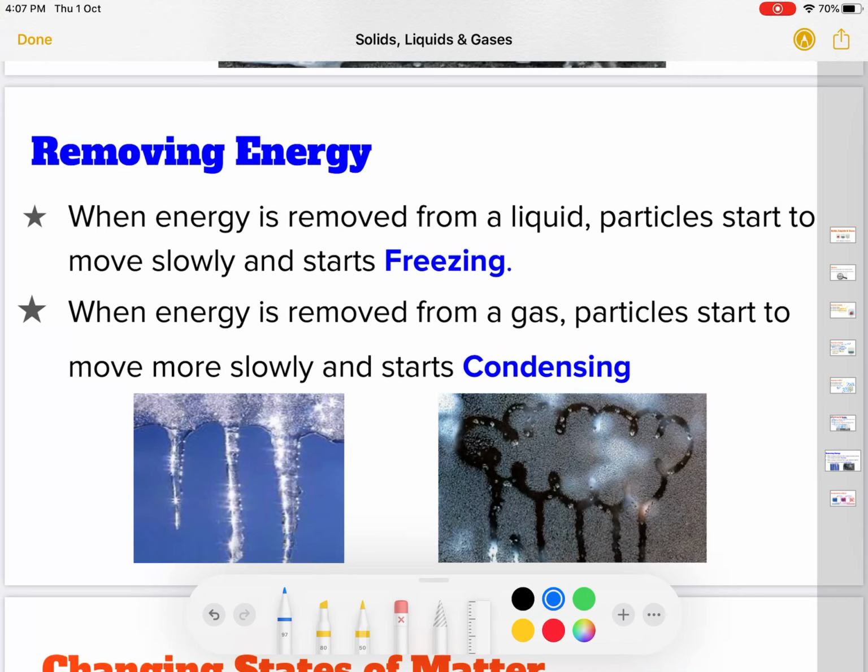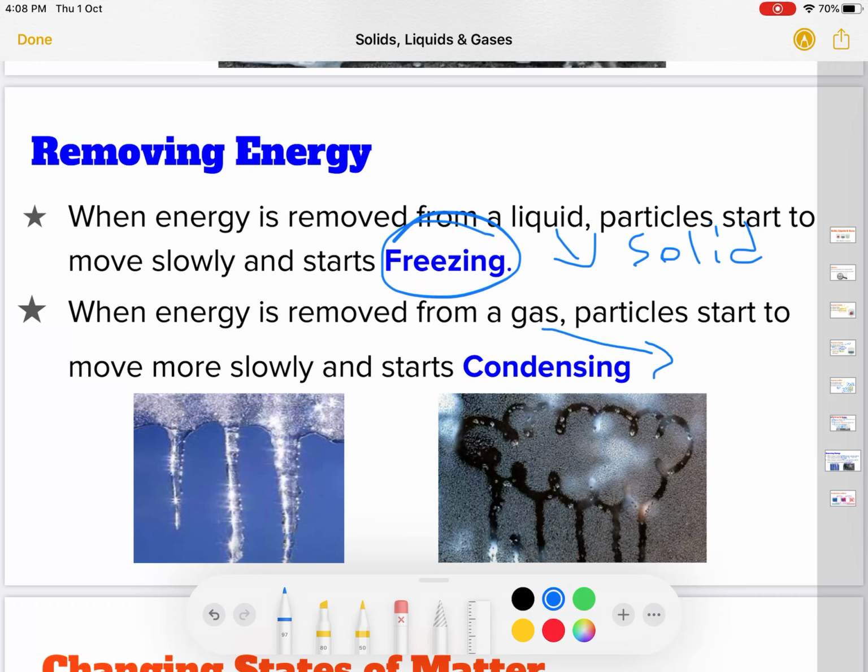For example, liquid to solid. From liquid to solid, it's freezing. And when energy is removed from a gas, if we want to get water again from gas, we can remove energy and then it can start to condense.